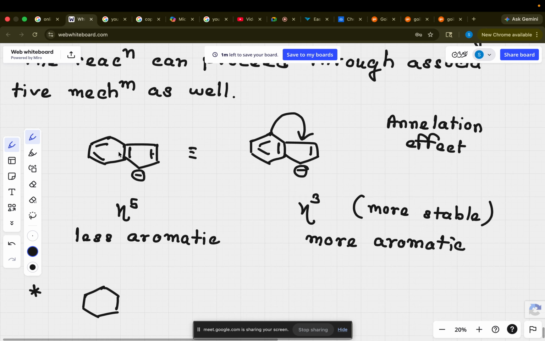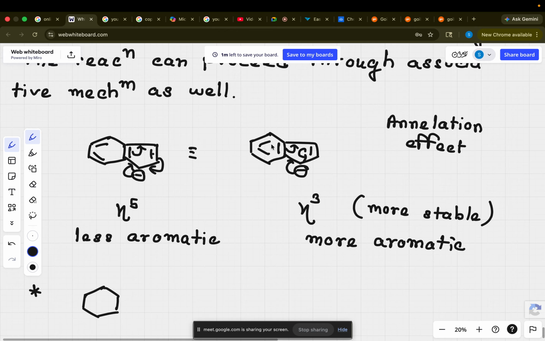Now, if you see here the conjugation, it is locked within this 5-membered ring only. But if you see here, this double bond is in conjugation with this, right? So basically the aromaticity is spread to the side ring also. Clear? Here the aromaticity is locked within this 5-membered ring only.